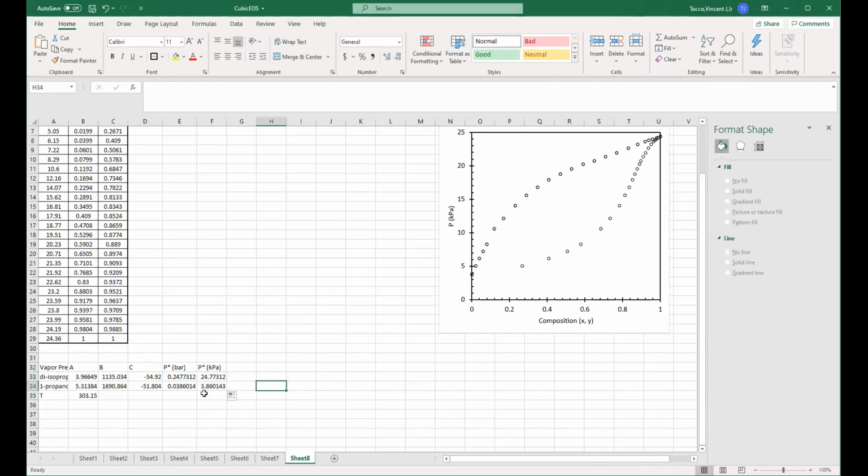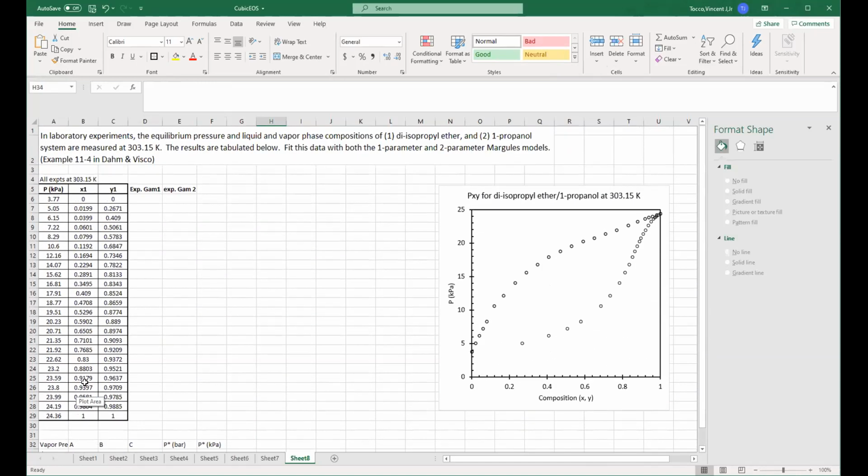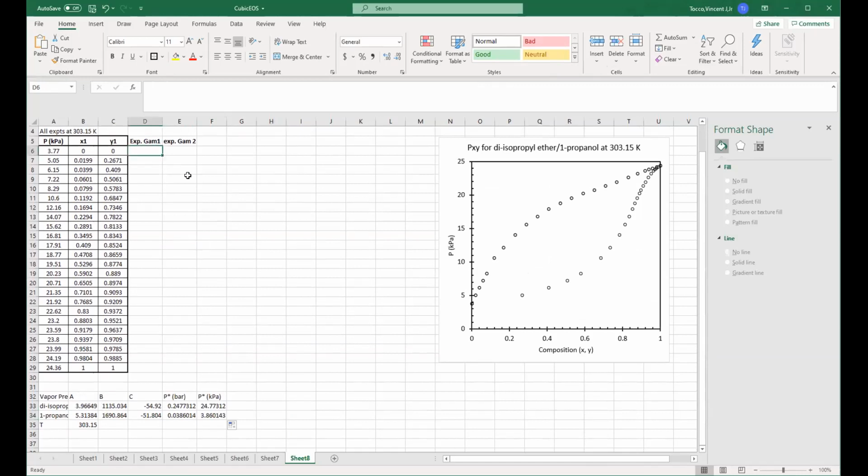All right, perfect. Now I've got P star values for component 1 and component 2. Next, I'm going to calculate the experimental gamma. So like I said, I'm using modified Raoult's law, or the bread and butter equation, to say that the gamma is Y1 times the pressure, which is set by equilibrium. So these are going to be relative cell references, meaning no $signs, because I'm going to drag this all the way down.